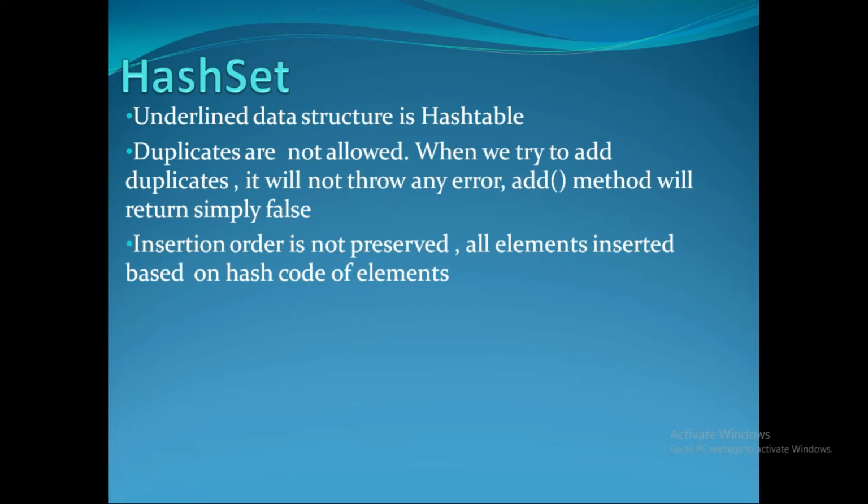Whenever we are retrieving the elements, we may get a different order of elements. Okay, the next one is null: since it doesn't allow duplicates, we can insert null but only a single time.